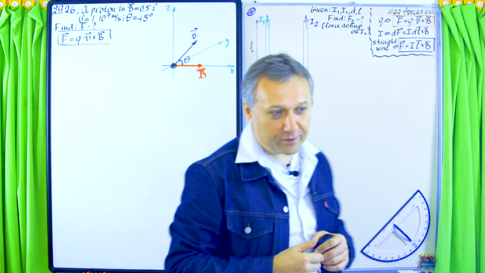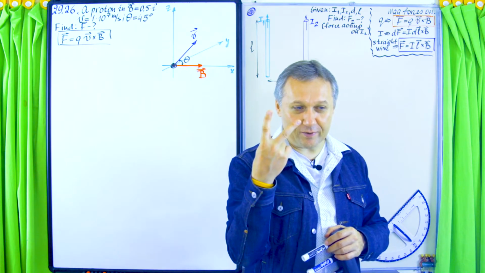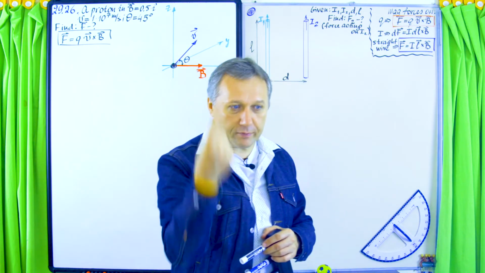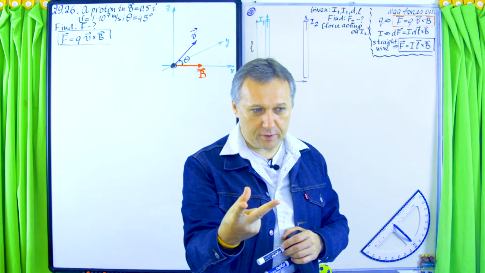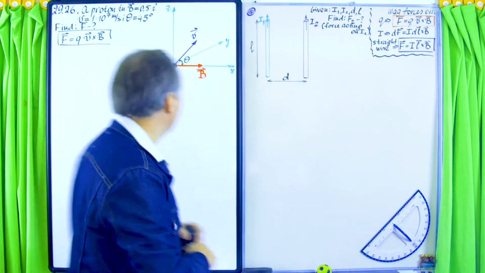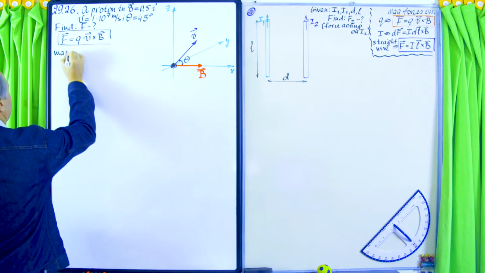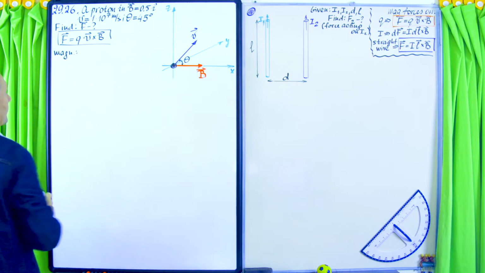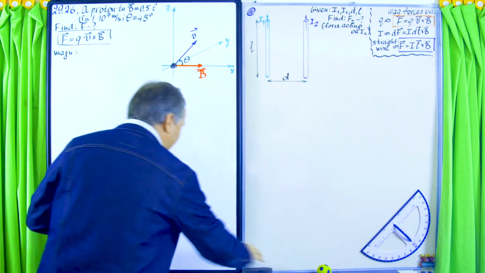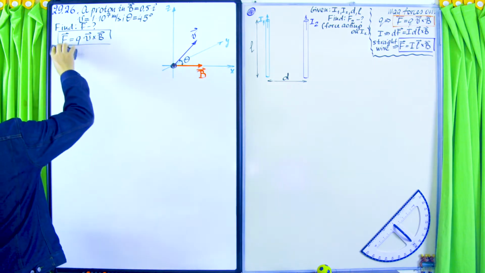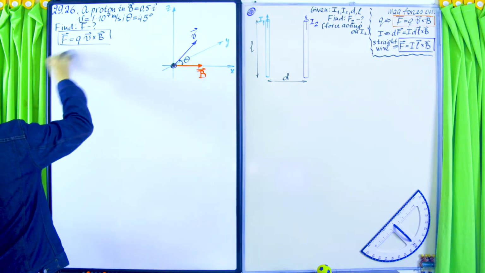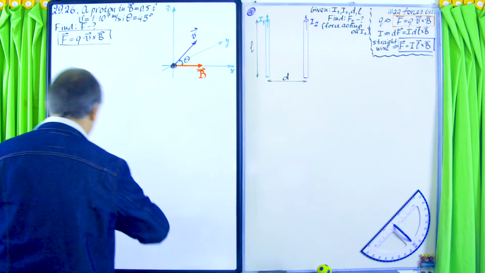And now force is a vector. So we need to look separately at direction and magnitude. Two parts. So let me first start with magnitude. Wait, no. I said let's start with direction. You know what? It's not a big deal. You can start with the magnitude.